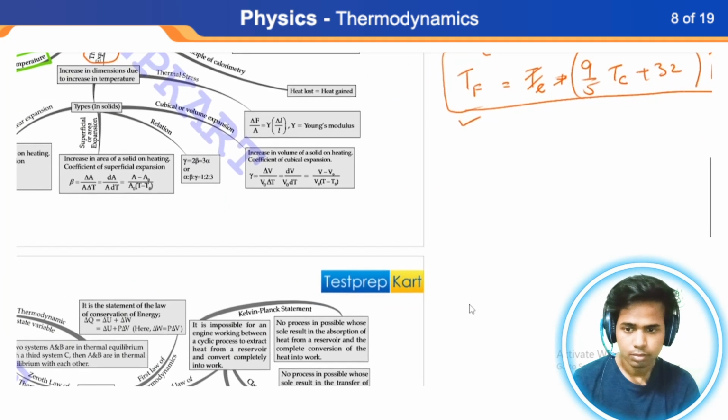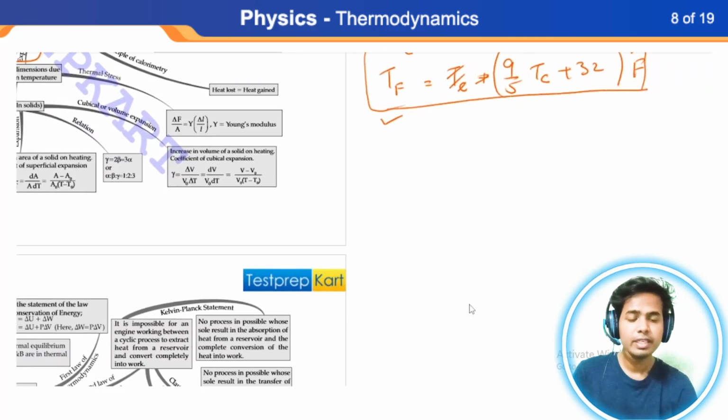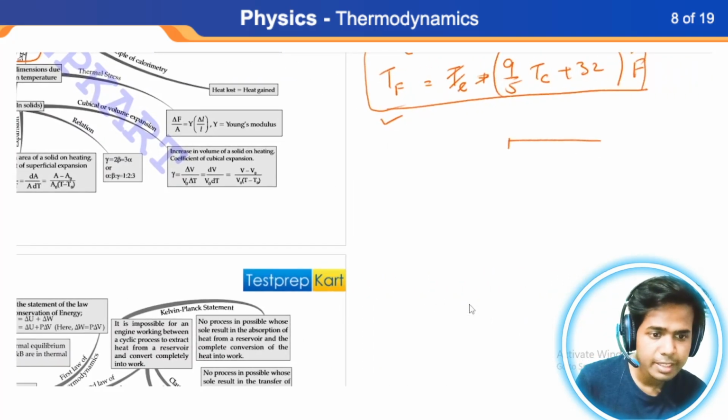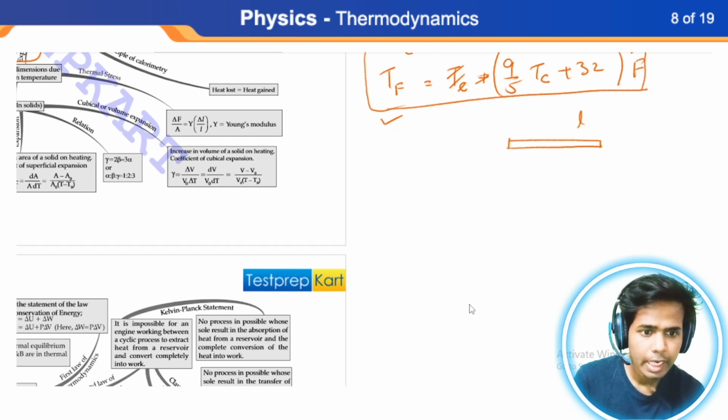Now, let's say there is this linear material of length L and temperature T naught. What we do is increase the temperature to T dash.